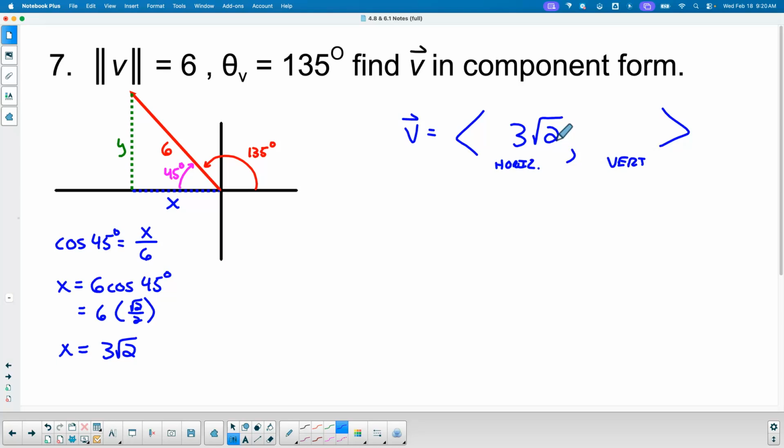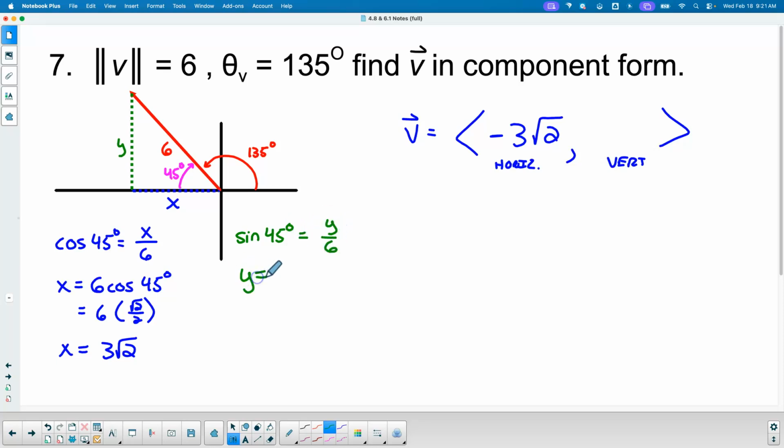Albert? Why is it going to be negative? Because it's in quadrant 2. It's on the left side, right? So we have to make an adjustment here. We got to make that be negative to fit where the vector goes. Okay? All right, I like it. And then y would be the sine of 45 degrees.